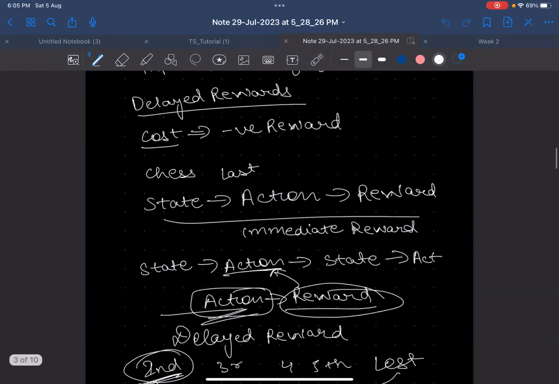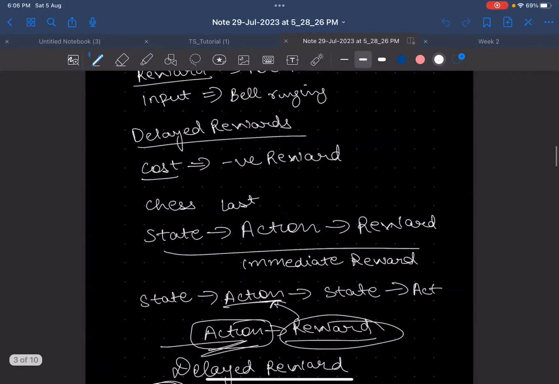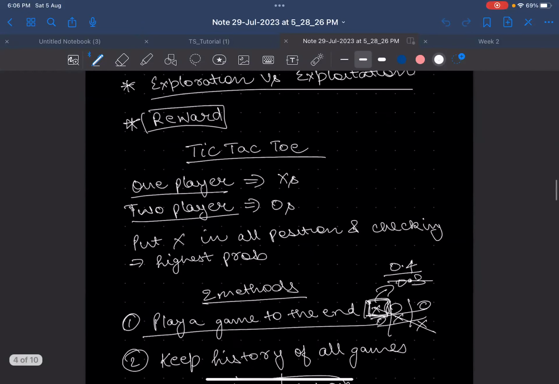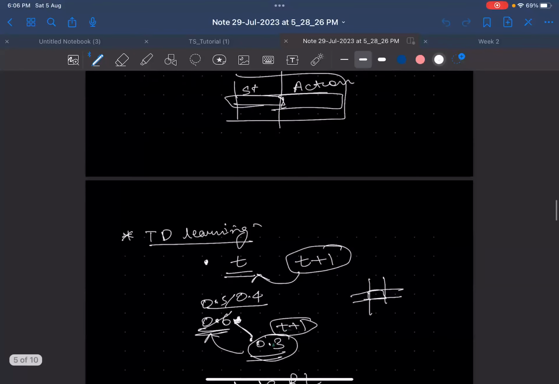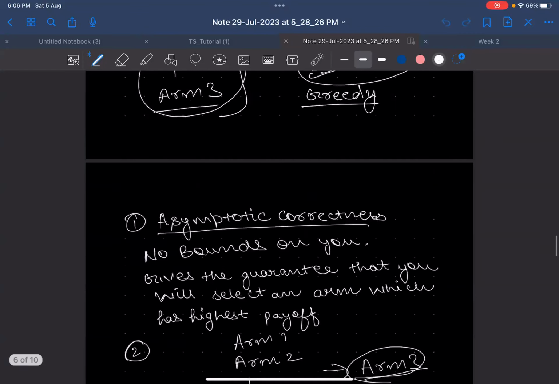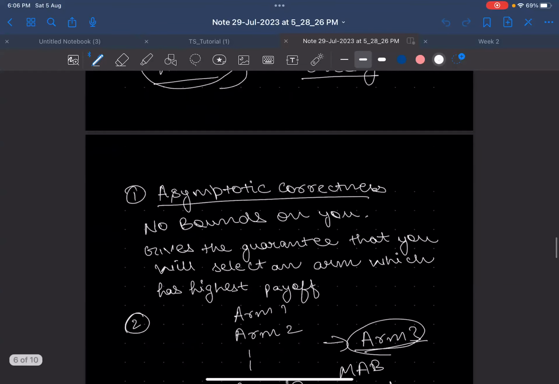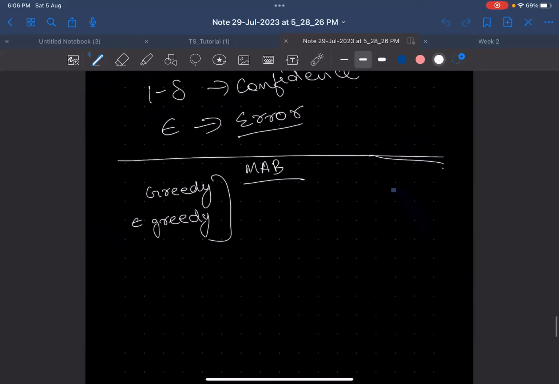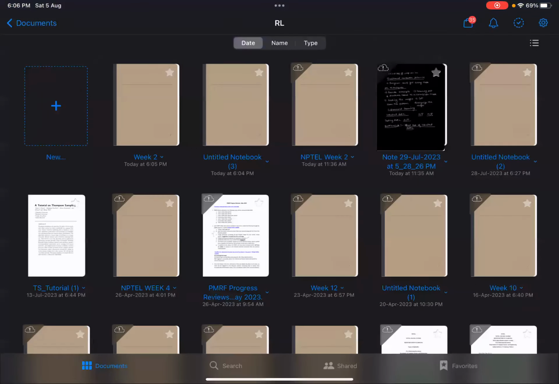Then what is delayed reward, immediate reward, policy, exploration versus exploitation. Then the tic-tac-toe example. Then TD learning, temporal difference learning. Then the introduction of MAB techniques, what is asymptotic correctness, regret optimality, and a bit about PAC optimality, which we'll discuss in more detail in this class.